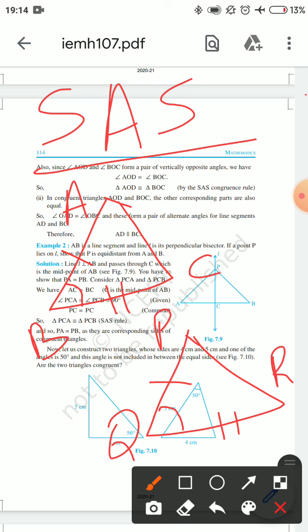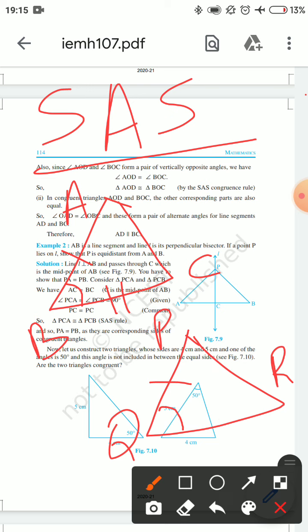So in other words, these two triangles will be congruent when two sides of one triangle and the included angle in between them are equal to two sides of another triangle and the angle included between them. Then only you can say that two triangles are congruent.